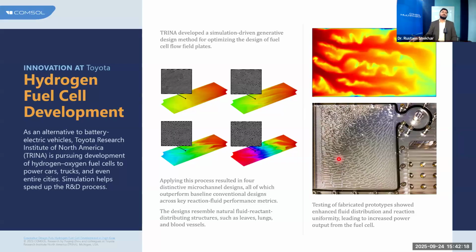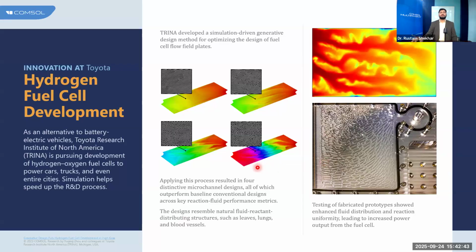So here we can take inspiration from bio-resembled or natural fluid reactant distribution systems like leaves, lungs, and blood vessels. They have one main branch, a thicker branch, and later it converts into smaller branches to supply the fuel or the required things at the last mile.